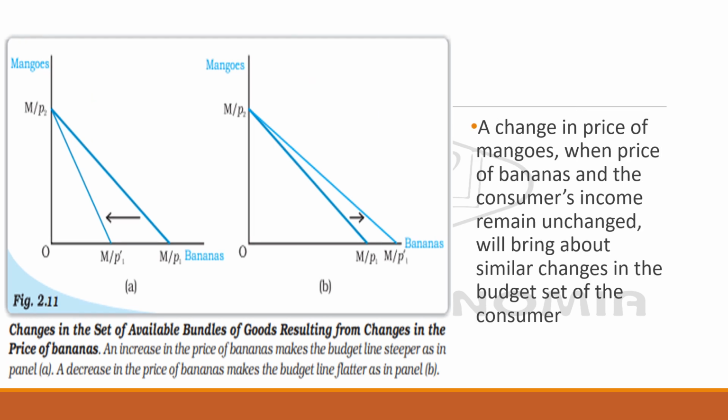If you change the price of mangoes, when the price of bananas and income remain unchanged, this will bring about a similar change in the budget of the consumer as well.